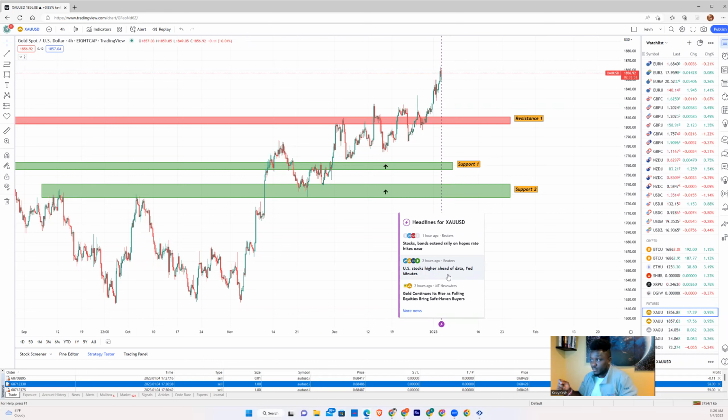With higher interest rates, people cannot borrow money. Most people will have difficulty borrowing because of their credit. People have been taking out loans, so now they are overextended, and that's why most investors are buying gold. If you can see this, gold continues its rise as falling equities bring safe haven buyers. So people are buying gold because it's a safe commodity to buy.